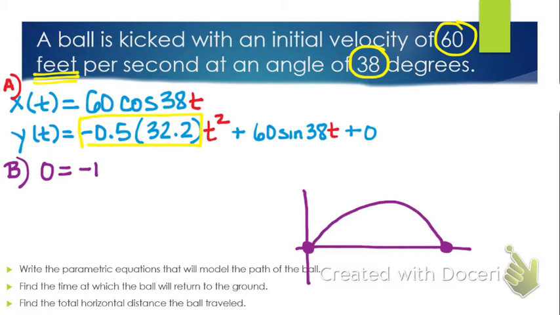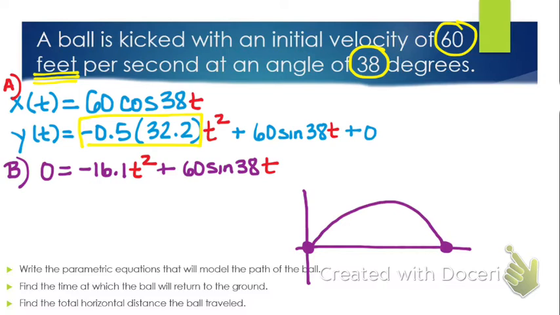So we got negative 16.1 t squared plus 60 sine 38 t. And because my initial height is 0, I'm just going to drop that. So we need to solve this for t. The 2 times where the vertical height is 0.